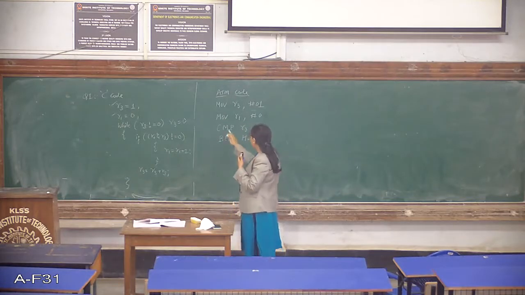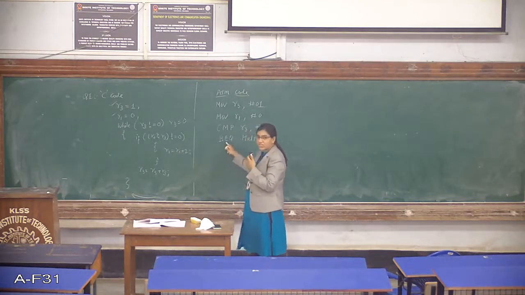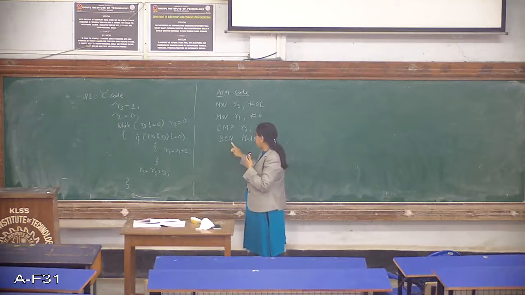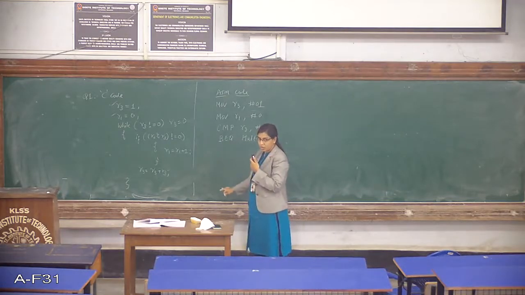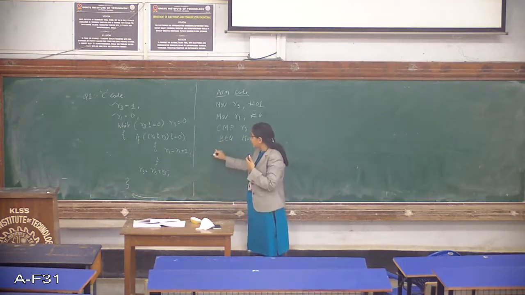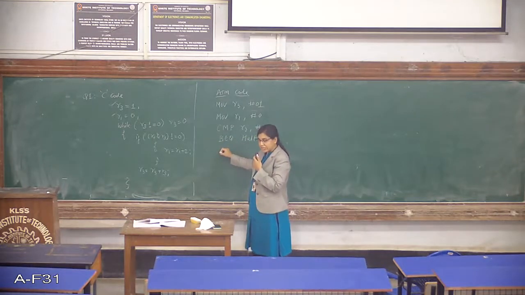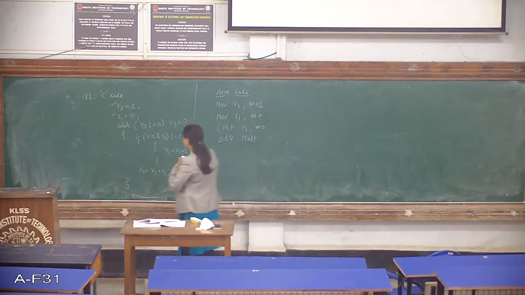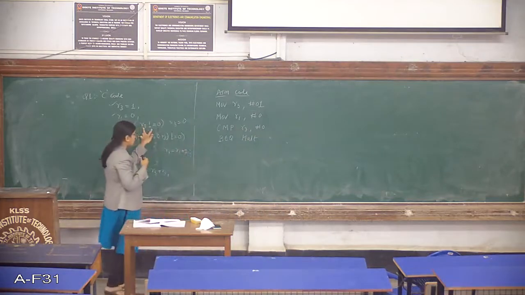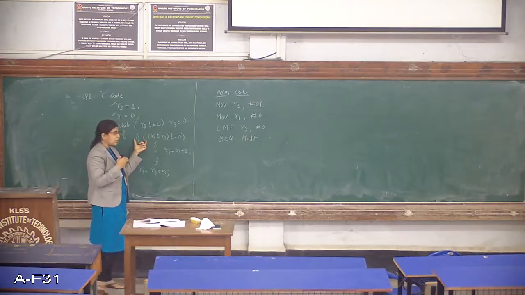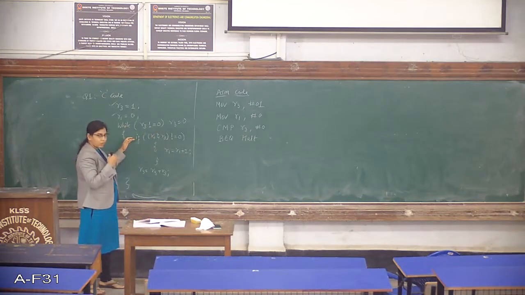Now after you compare, you have a branch instruction: branch if equal to a label called halt. But if it is not equal, you will be executing the next instruction. And what should the next instruction be? If R3 is not equal to 0, you come inside the while loop and execute the first instruction in the while, which is the if statement.